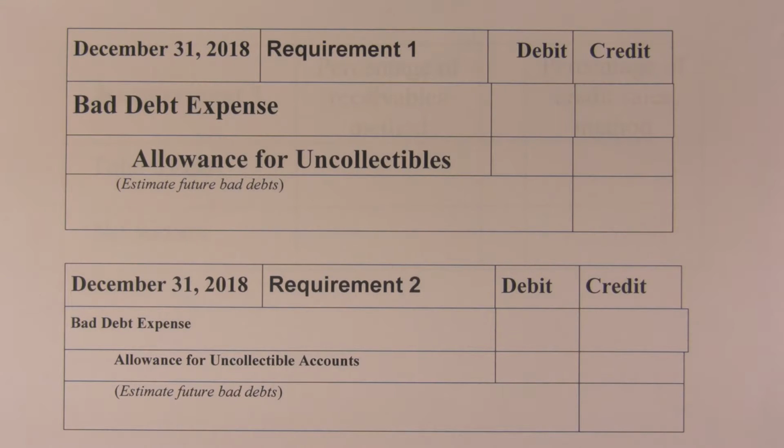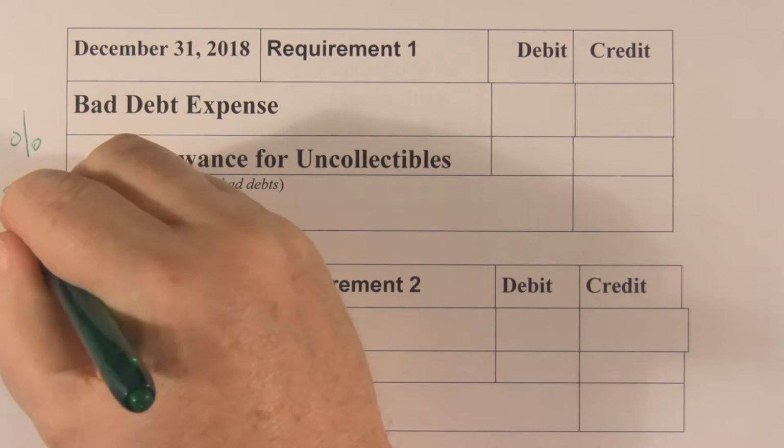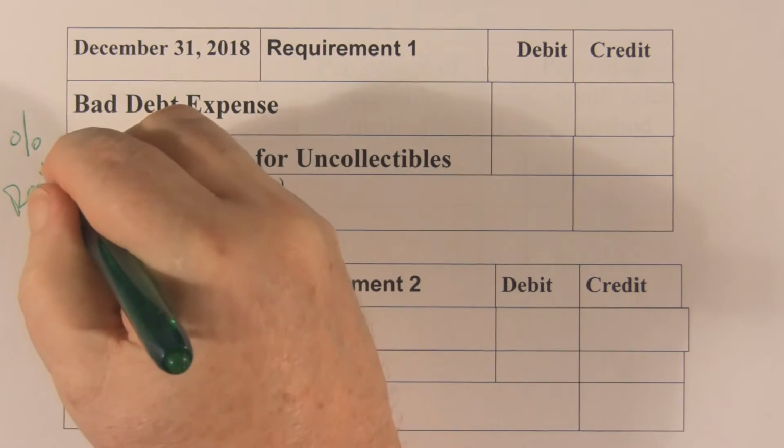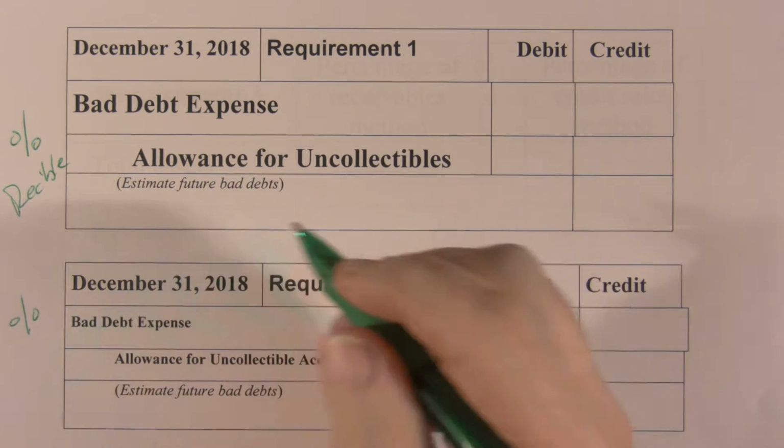Exercise 519 is giving you an opportunity to compare the percentage of receivables method, which is the first method, with the percentage of credit sales.